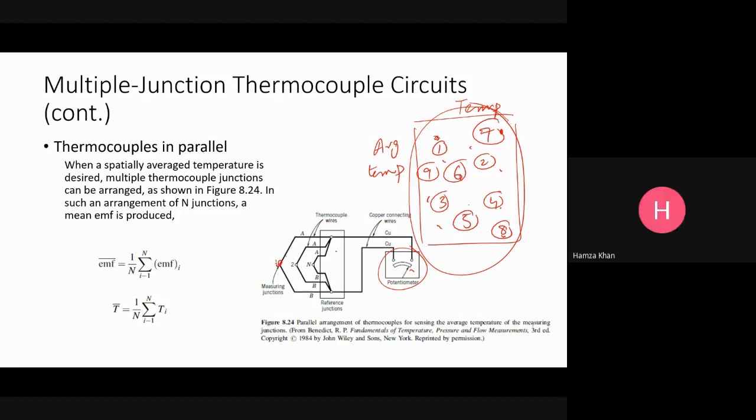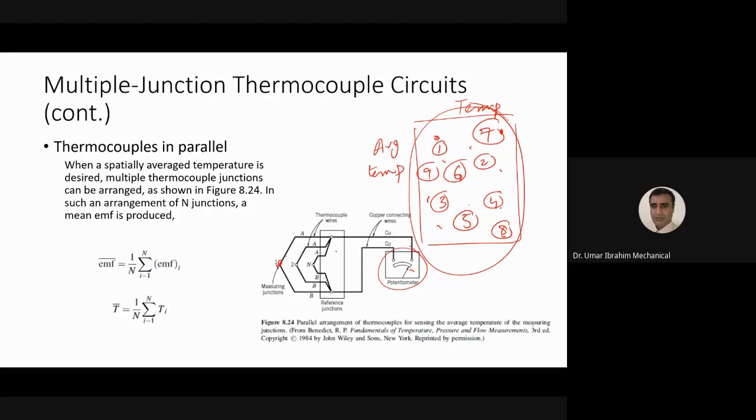No, sir. ठीक है? So I'll do a summary of thermocouple. ठीक है? First of all, we studied what is the phenomena or the principle on which thermocouple temperature measurement device works, and it says Seebeck principle, and it's a thermoelectric phenomena.